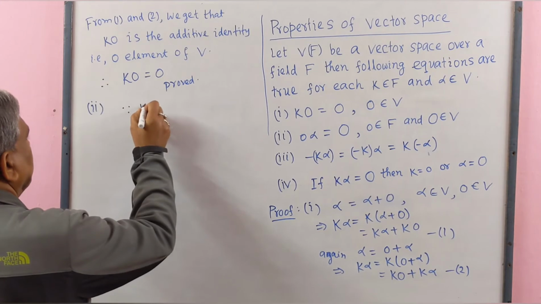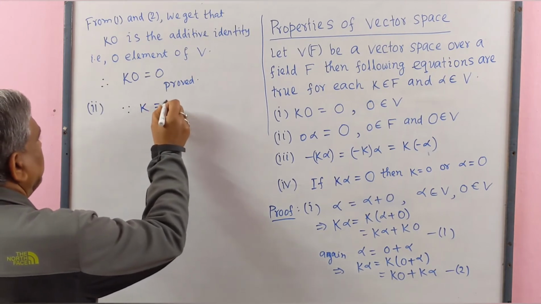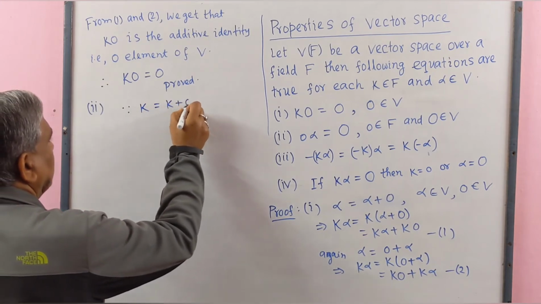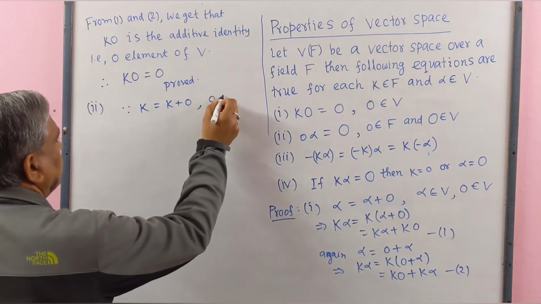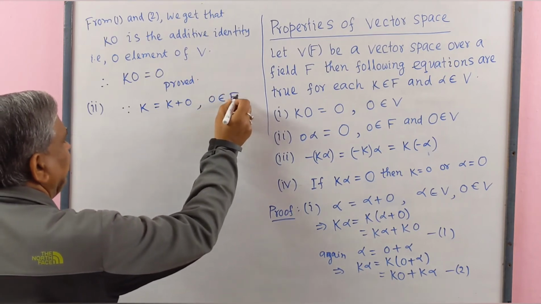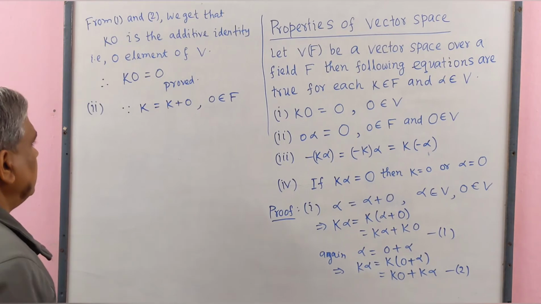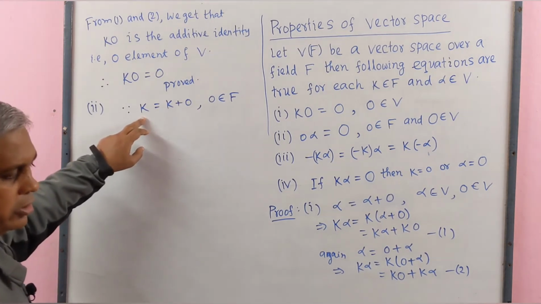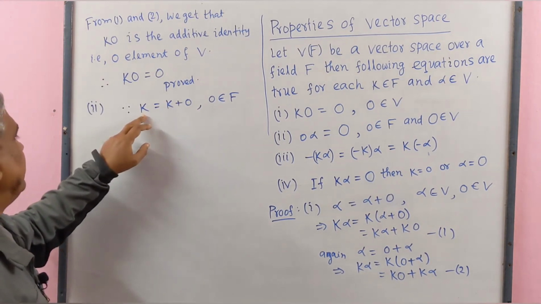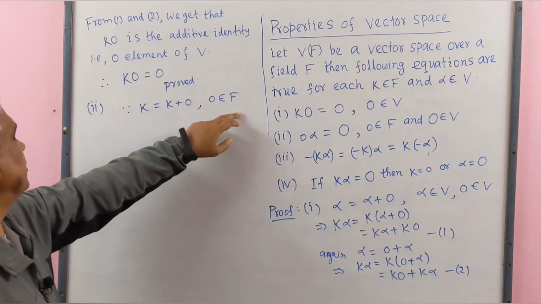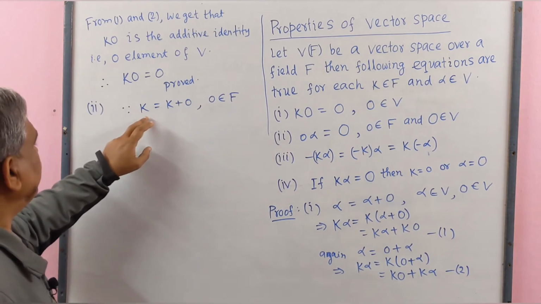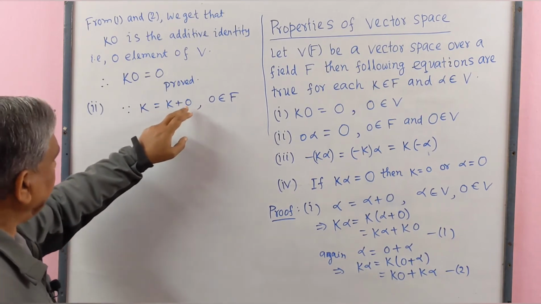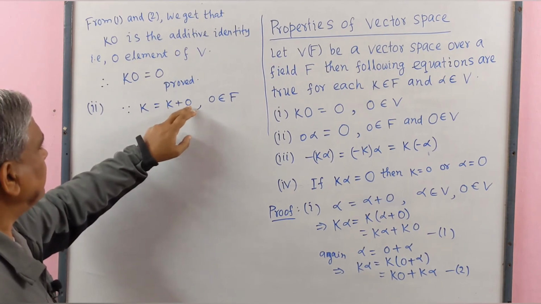Since k equals k plus 0, here 0 belongs to the field F. k is also an element of the field, and in the field we have the 0 element.